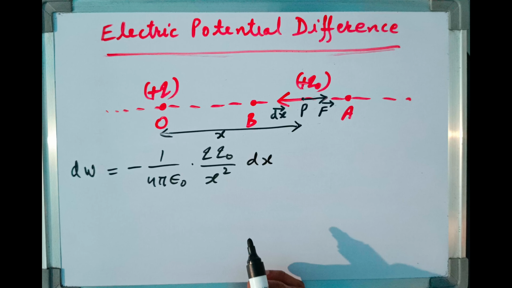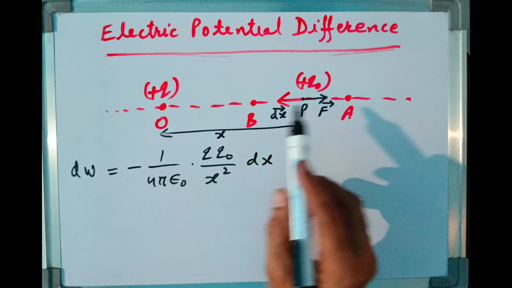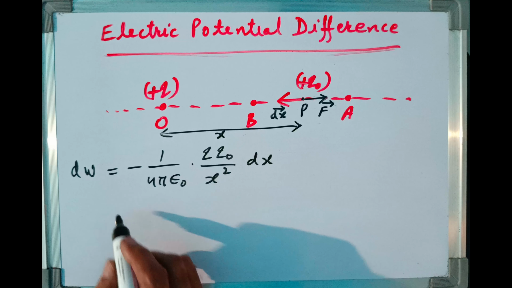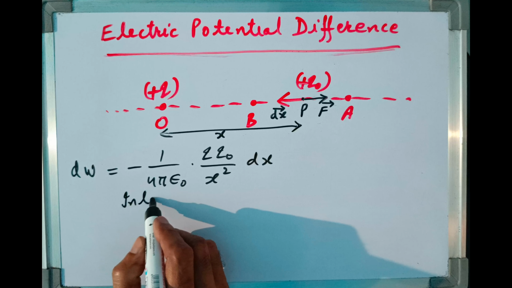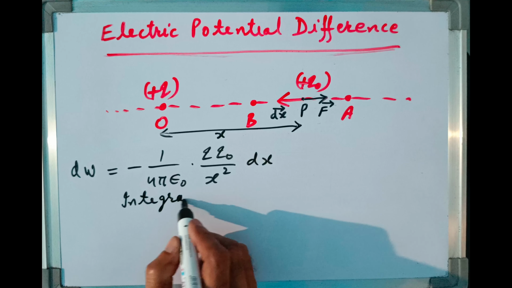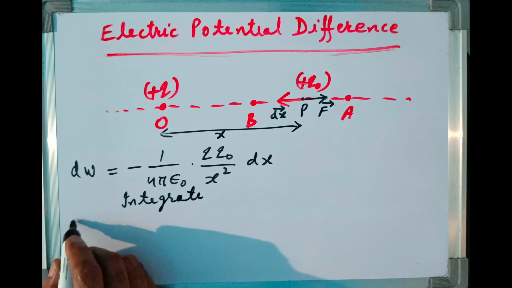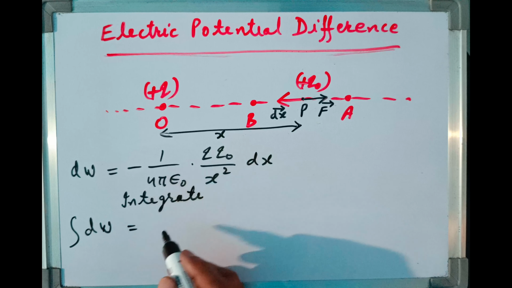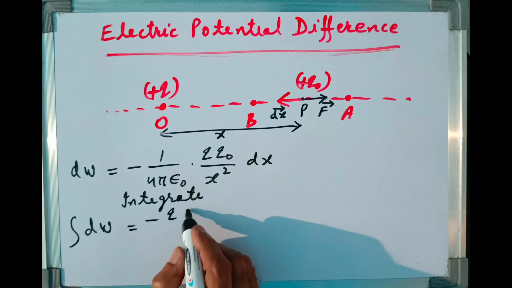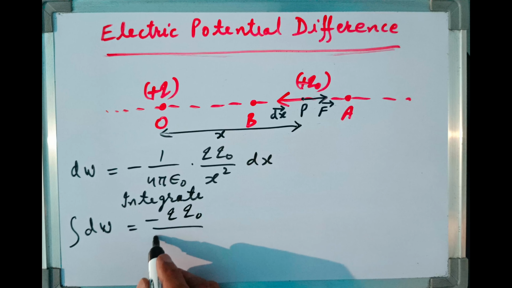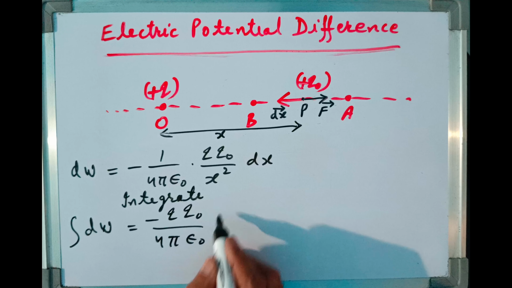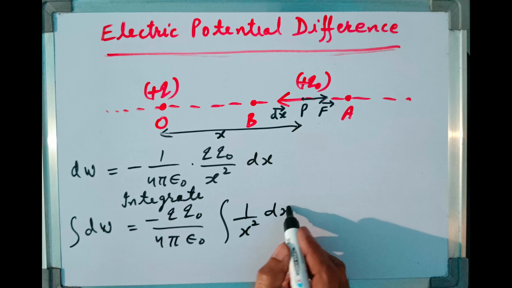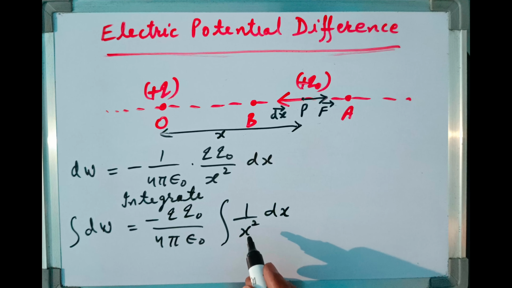Now we have to calculate total work done in moving from A to B. For that purpose, I will have to integrate this equation. So next step becomes integrate both sides. Integration dW equal to, by taking all the constants out of integration, I can write integration 1 upon x square dx. Now what are the limits of integration?